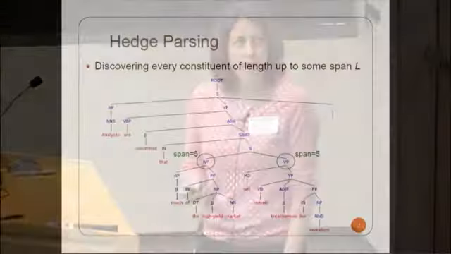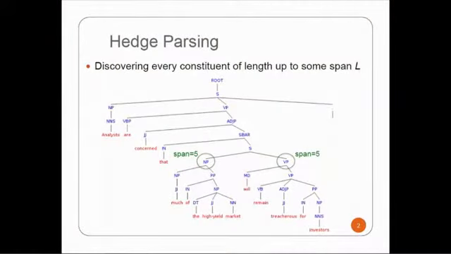So in this talk, I'm going to present hedge parsing as an approach which provides a full hierarchical structure for a local window by ignoring any constituent which is out of this local window. We define hedge parsing as discovering every constituent of length up to some span L. This is a parse tree for an example sentence that we have.